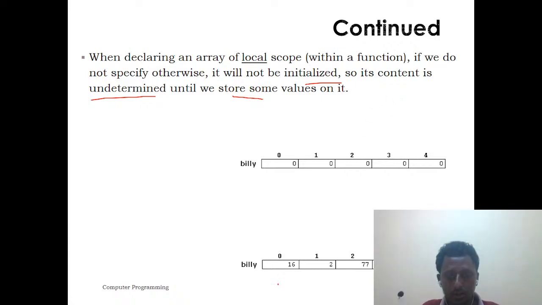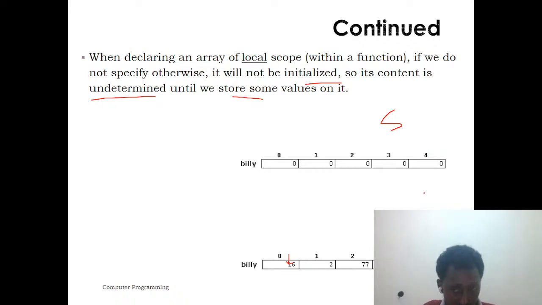Then the next one, for example, as you see here, 0, 1, 2, 3, 4, array size 5. This is the default value, or null value by default, and after you start filling in values, when you add more, this size limits you.